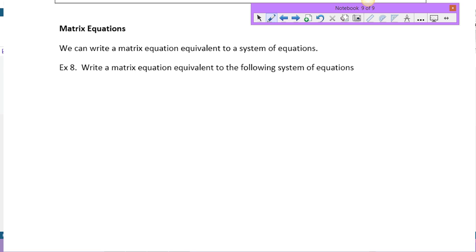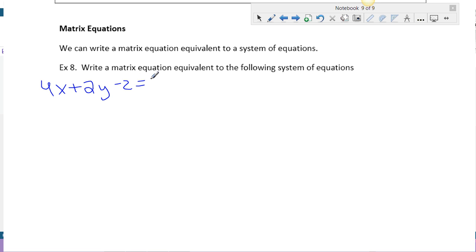So let's say I have 4x plus 2y minus z equals 3. And I have 9x plus z equals 5. And I have 4x plus 5y minus 2z equals 1. To get a matrix equation, all you do is you take your coefficients.